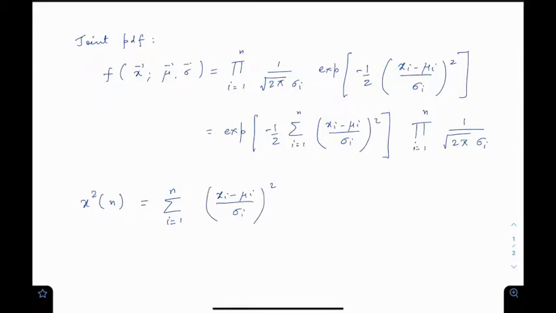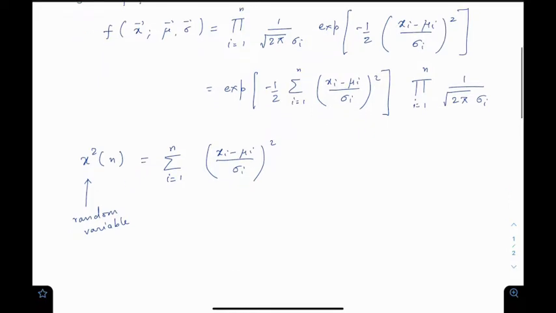Since chi-square is a function of random variables, chi-square itself is a random variable. Now this parameter n in this context is known as the degrees of freedom, because each of the random variables xi is free to vary independently of the others.